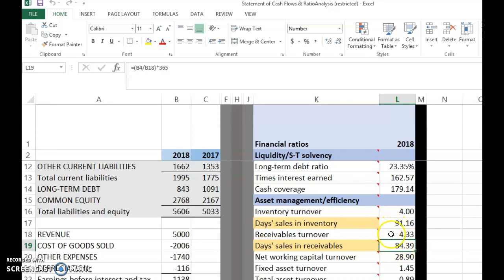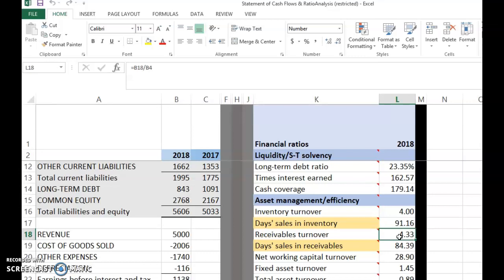Note that these two are reciprocals, meaning that if this is high, this will be low. If the day sales in receivables is higher, then the receivables turnover will be lower. So these are directly related, meaning they are perfectly negatively correlated. If one goes up, the other must go down.